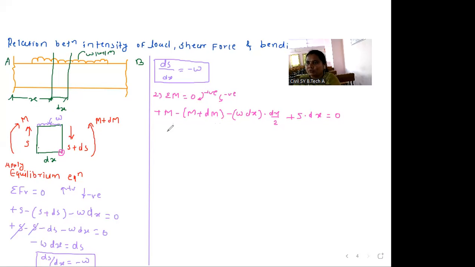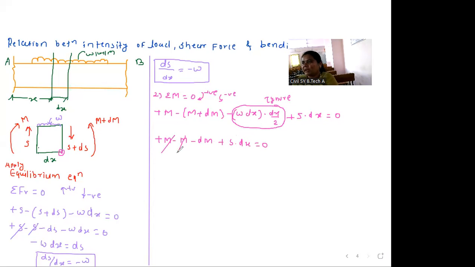We will ignore this term because a square term is there. So what is remaining? Plus M minus dM plus S into dx is equal to 0.